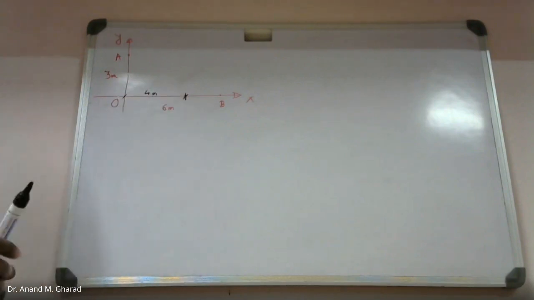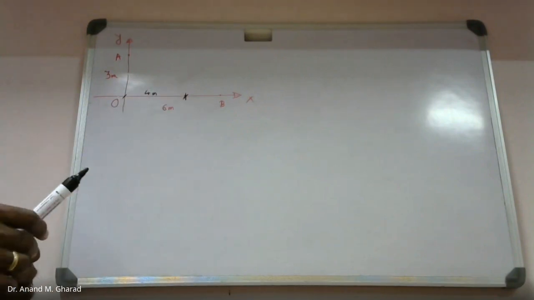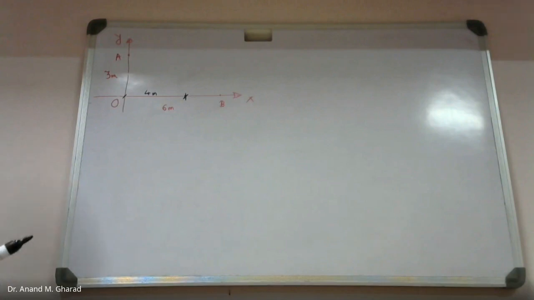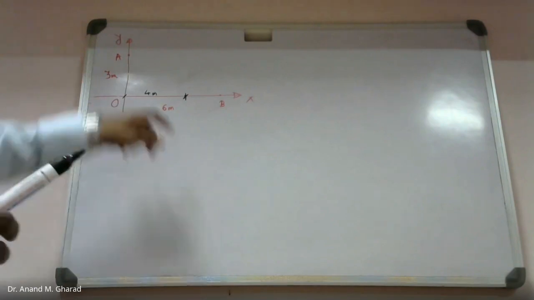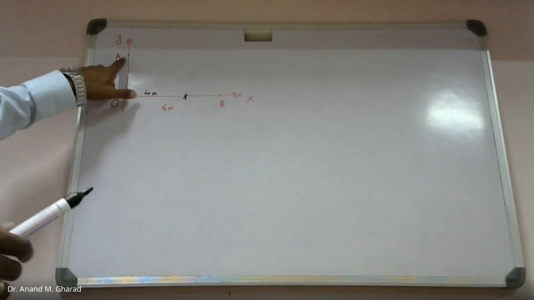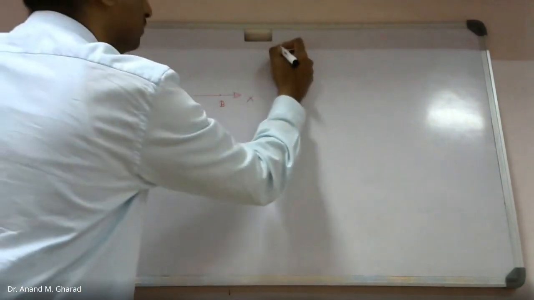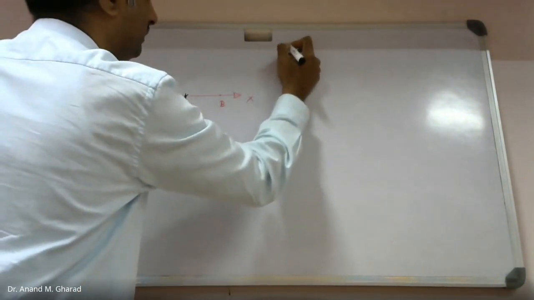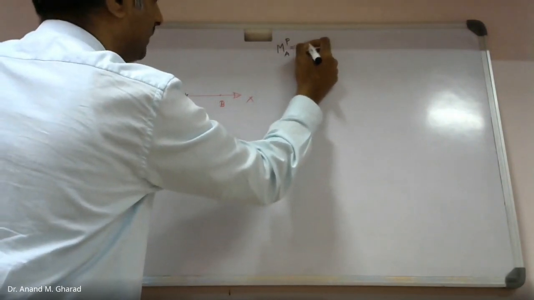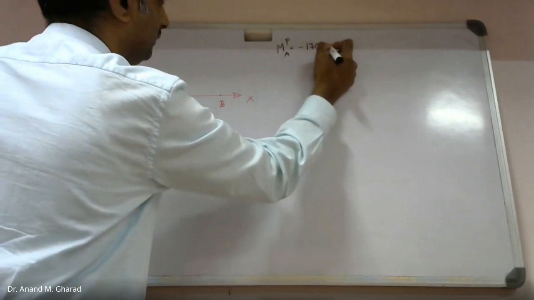Now nothing is mentioned in the numerical about the nature of this force, whether it is horizontal or vertical, nothing is given, right? But one piece of information is given: the moment because of this force about point A is 170 Newton meter counterclockwise. So I can write it like this: moment about point A due to capital P is minus 170 Newton meter.